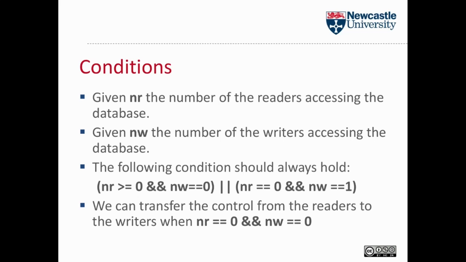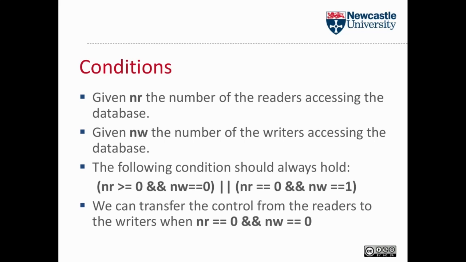So that's why, as I was saying before, and for refining the bounded buffer example, you might have two counters, one for counting the number of readers and the other one for counting the number of writers. Then you need to guarantee, going back to the safety condition, so that is not a liveness condition, it's a safety condition, that all the time within your program, this condition should always hold.